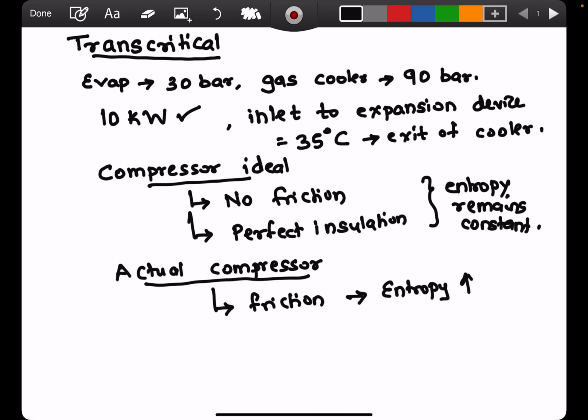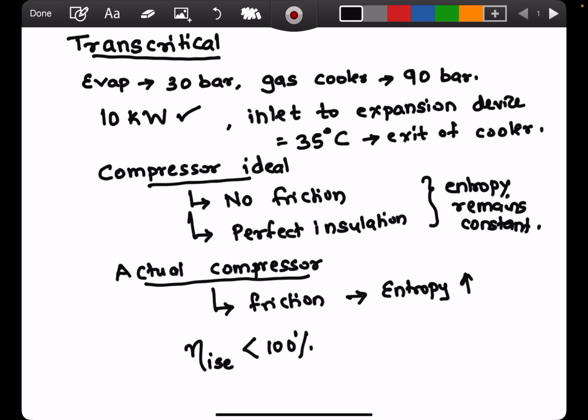So that changes the analysis, because if the compressor has friction, then we need to understand that it has a certain efficiency which is not 100%. So the isentropic efficiency is then less than 100% if there is friction.